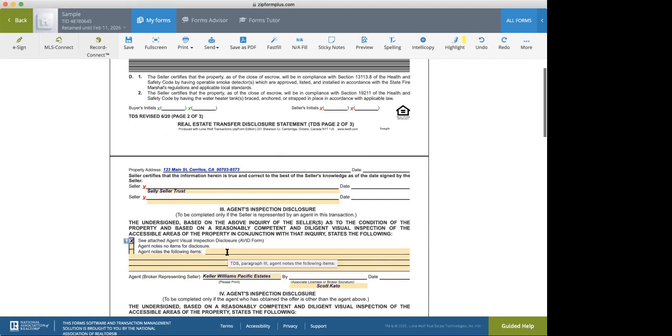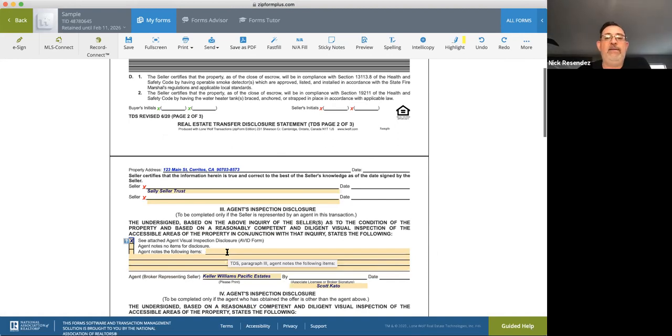So you as an agent, if you don't do your AVID on the listing side until the final walkthrough, and then you give it to the buyer, you just triggered a 5-day right of rescission, and the buyer can cancel based on anything that's in that AVID, even if they've removed all their contingencies. Okay.